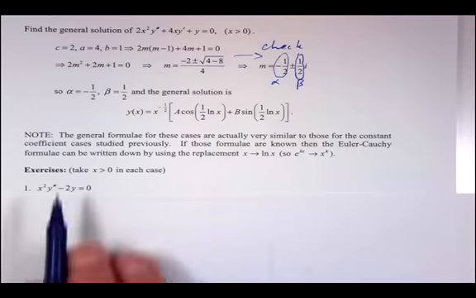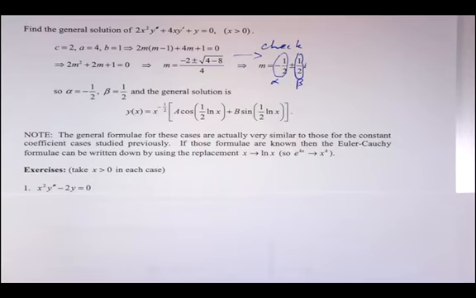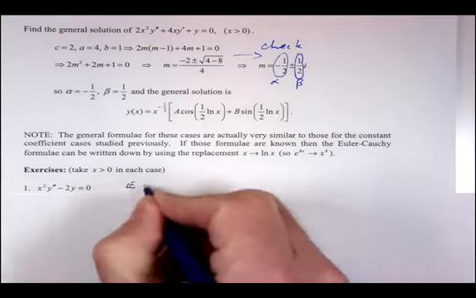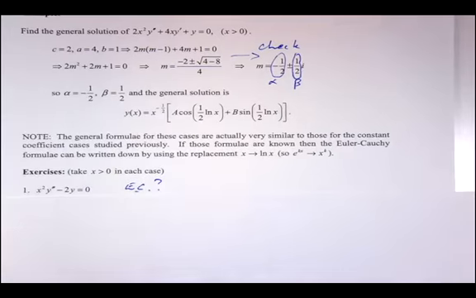Okay, so step 1, write the auxiliary equation down, the m equation. Write it down for that example. Well, actually, step 0, if you like, is it Euler-Cauchy? Do the powers of x match the derivative? Do they here?